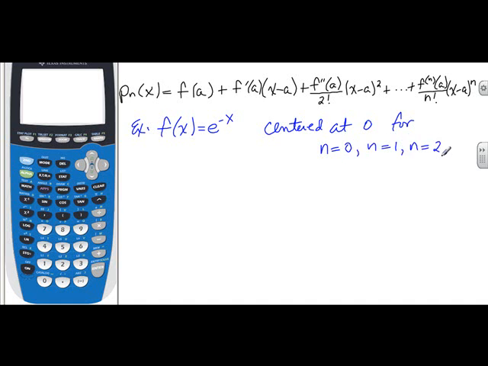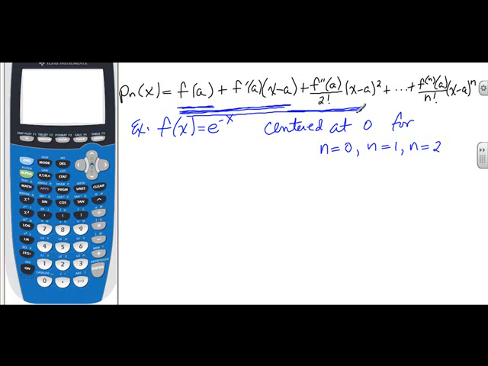So n equals 0 is going to be the Taylor polynomial that just has the x minus a to the 0 power on it. n equals 1 would be the Taylor polynomial with the first two terms, where we have a factor x minus a to the first power, and then n equals 2 would be the Taylor polynomial that encompasses the first three terms.